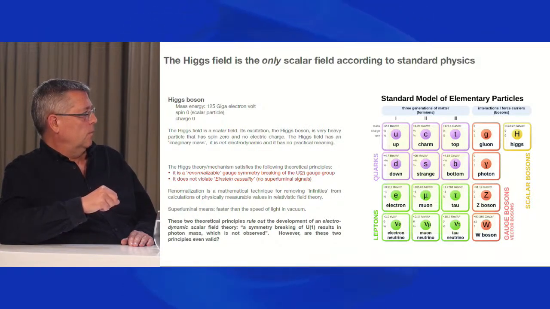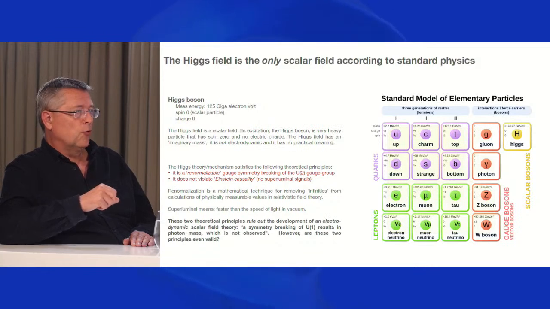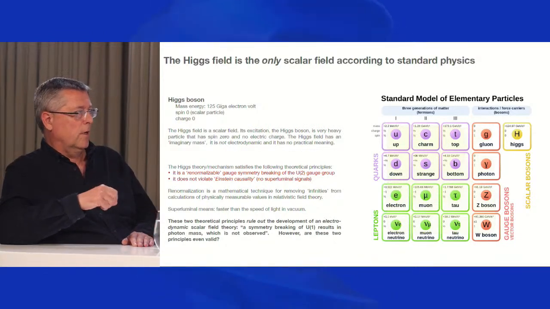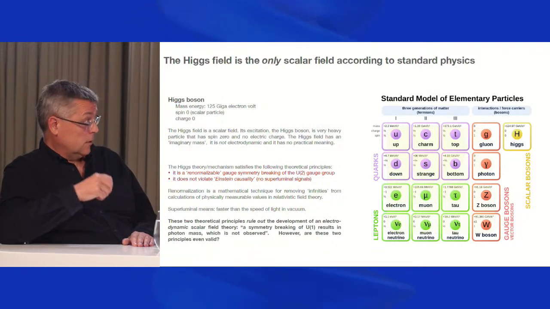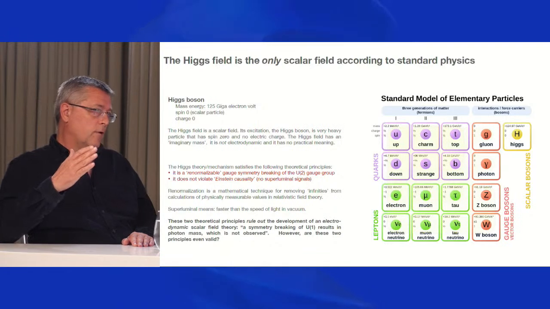But if you would have a U1 symmetry breaking of the U1 gauge group, then you would have an electrodynamic scalar field and scalar waves. But that's not the case with the Higgs field. It does not violate Einstein's causality principle, so no superluminal signals that are carried by the Higgs field.